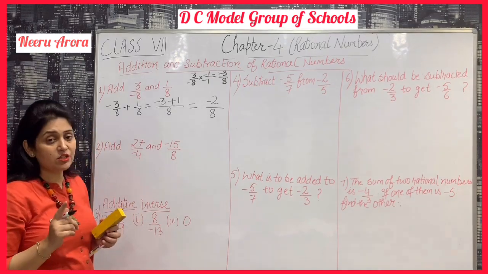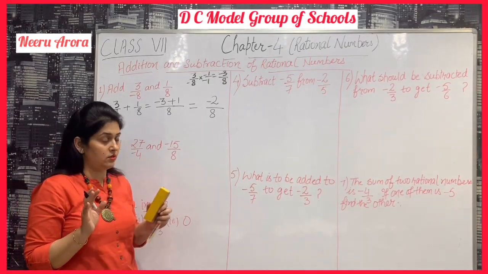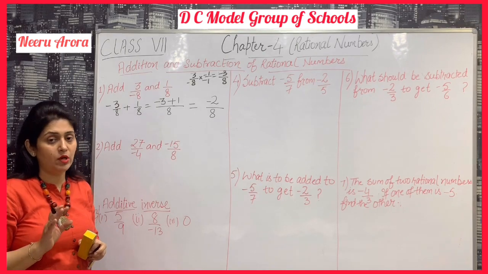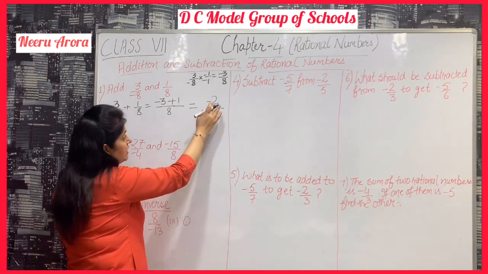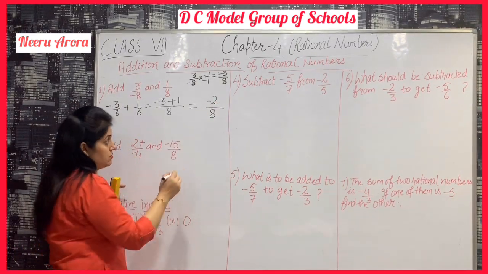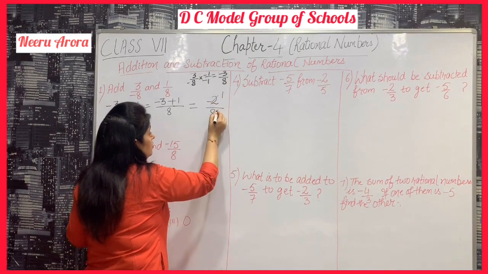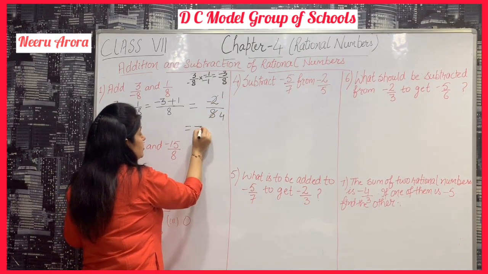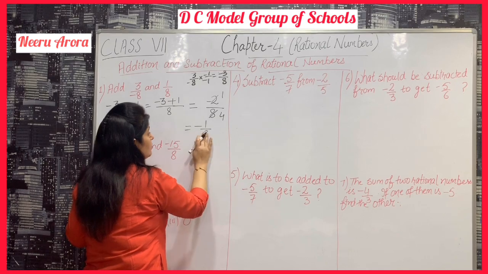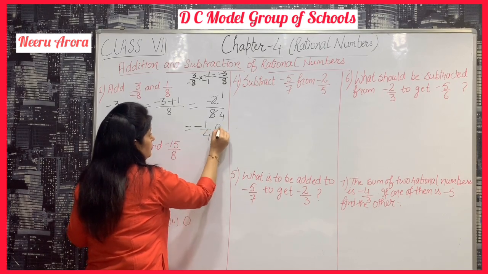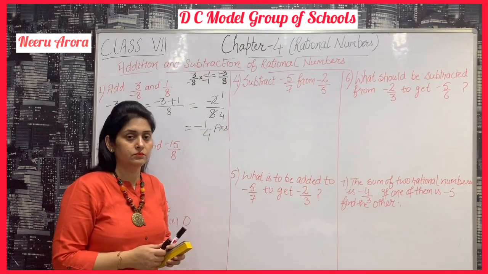The first condition of standard form is that the denominator should be positive. Its denominator is already positive. Now is there any common divisor between 2 and 8? Yes, 2. 2 1s are 2, 2 4s are 8. So its standard form is minus 1 by 4. This is your final answer.